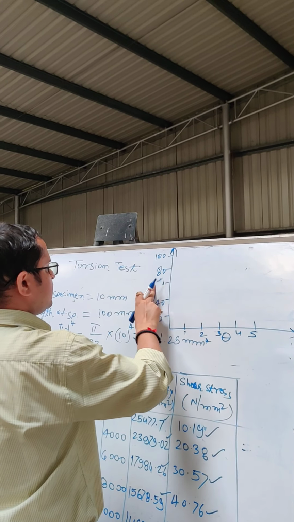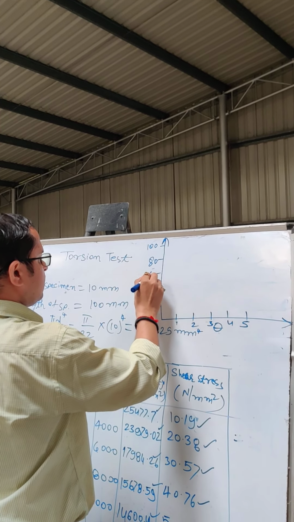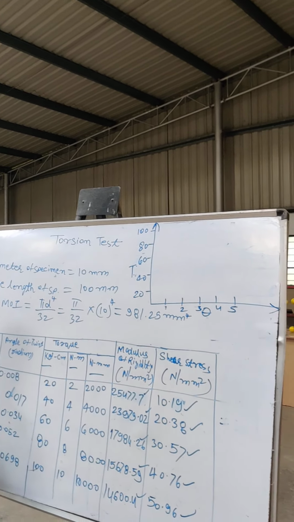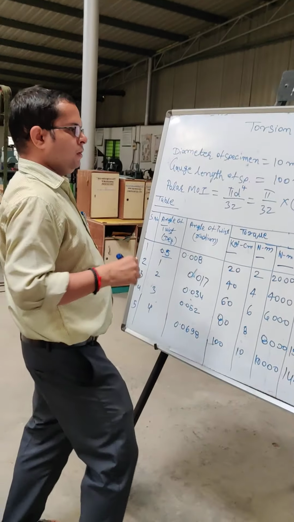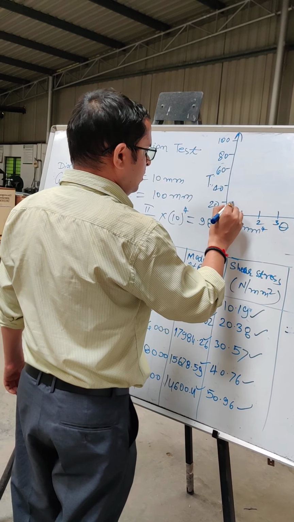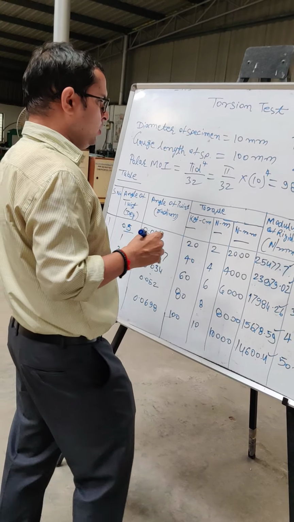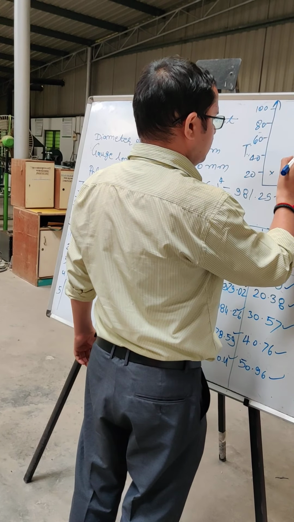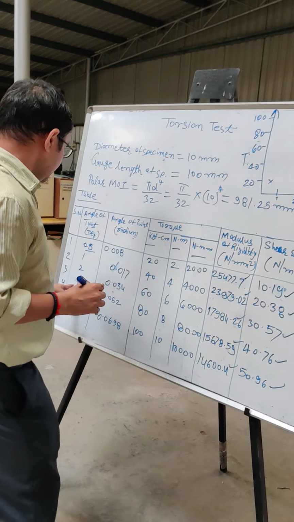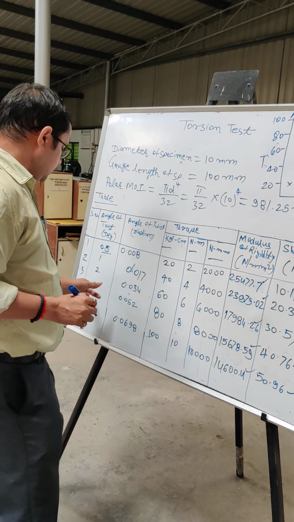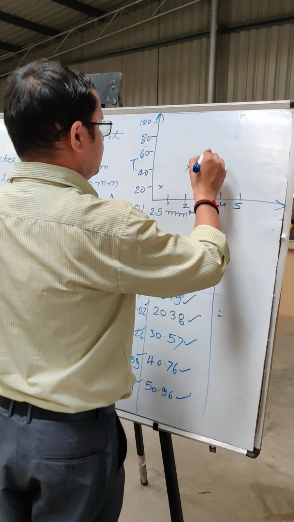So this is 60. At 20, what is it? 0.5. So 0.5 is here only. So we have to mark this point at 42, then at 3000 it is 63, so it is increasing.